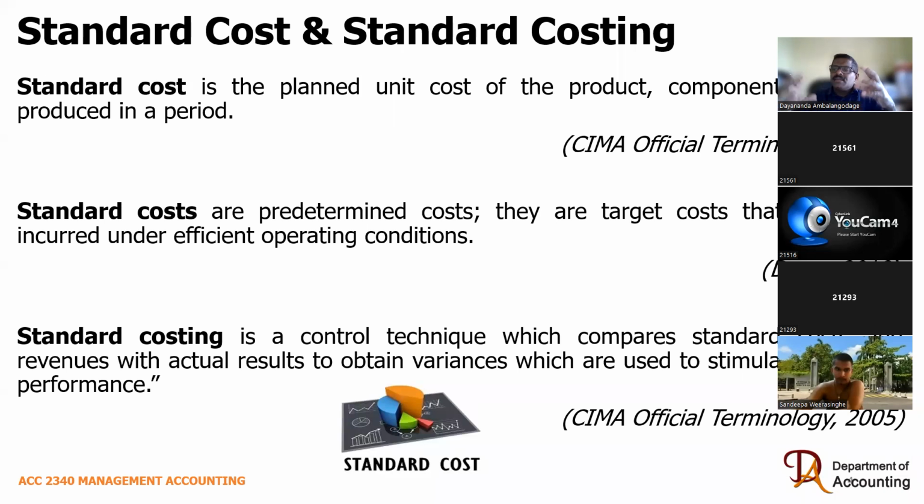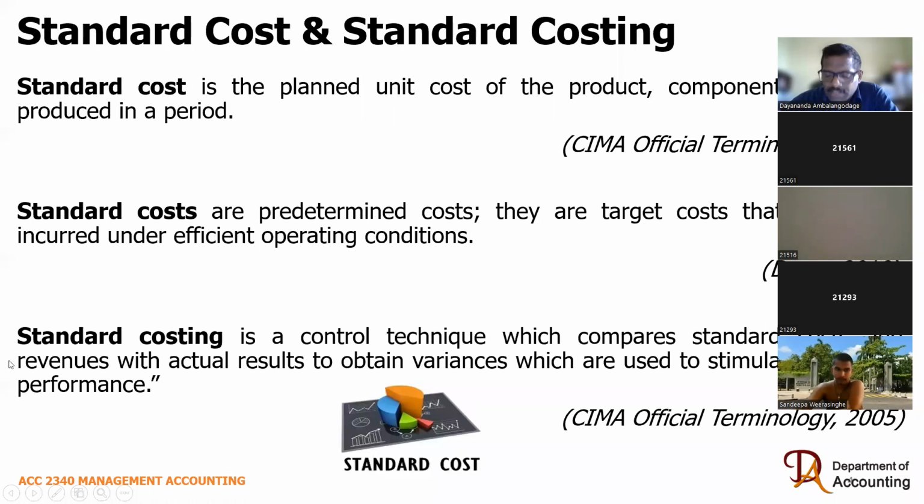Standard cost is a kind of predetermined cost, but standard costing is a kind of process which we use to really control and manage our operations, maybe factory operations, maybe a particular department's operation, maybe a particular section of the production department, maybe a particular workshop in a particular business. So thereby, standard costing is, of course, a control technique.